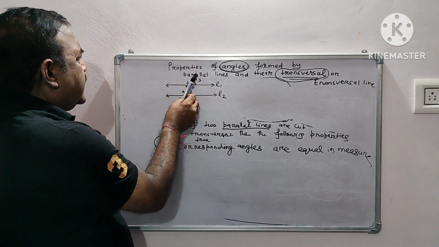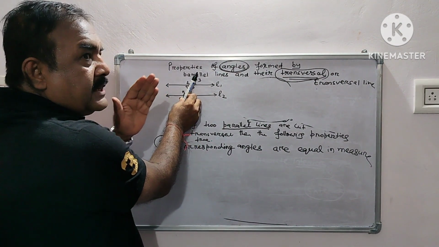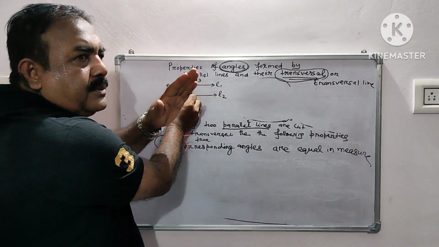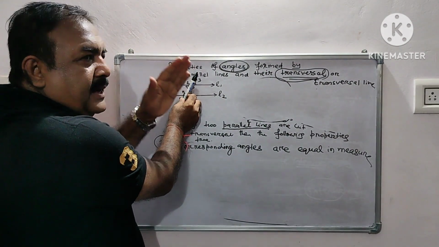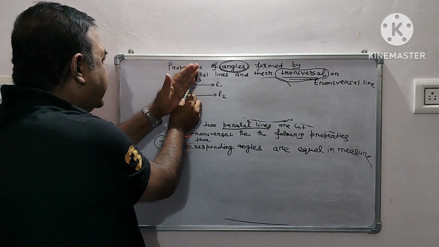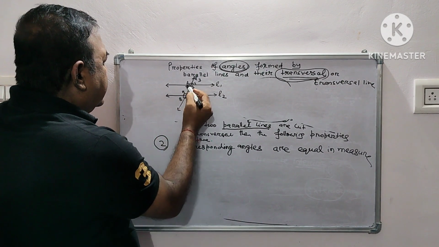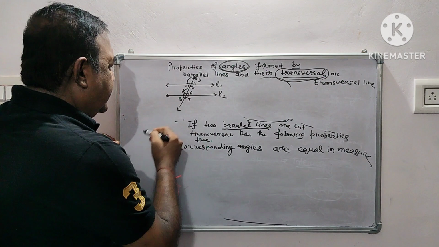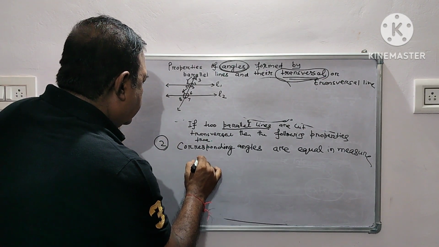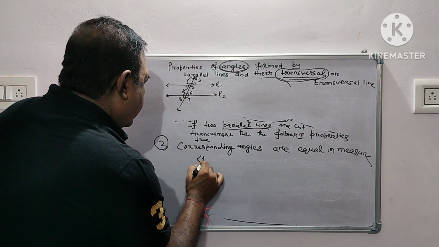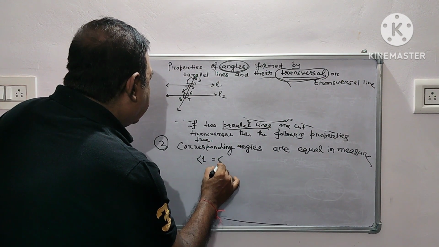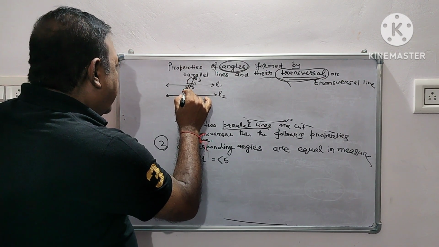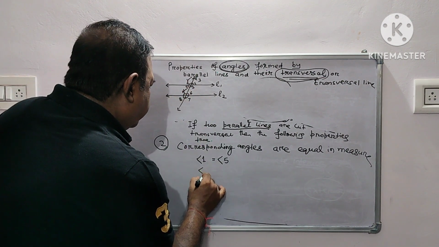This is the transversal. You first select one side, either this side or this side. Suppose we take the left side. You see, angle 1 and angle 5, this is one pair and these are equal in measure. Then angle 4 and angle 8.